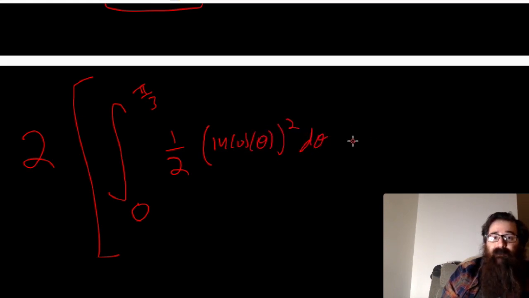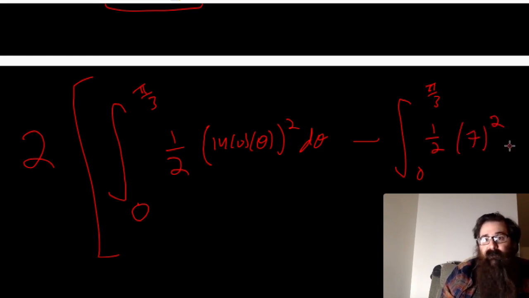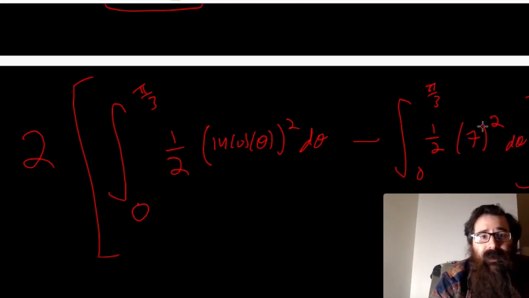But then I'm going to want to subtract away from this 1/2 r squared for the other curve, which is the 7. So 7 squared times 1/2 d theta. And this would work great as a setup.